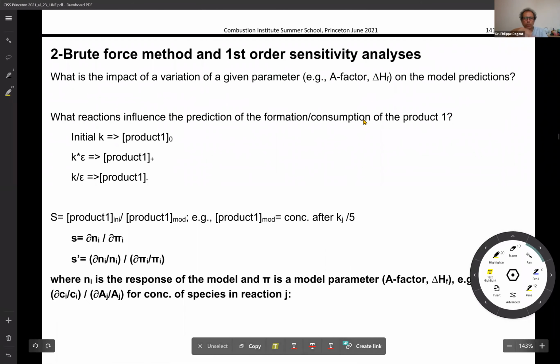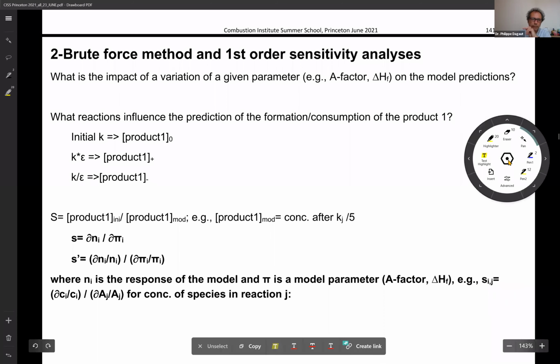So we can compute these sensitivity coefficients by simply varying the A factor, the pre-exponential factor. We can also look at the impact of varying thermochemistry on the computations.